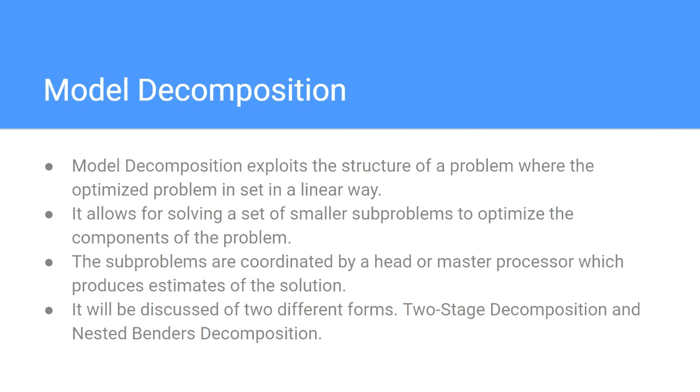The subproblems are coordinated by a head or master processor, which produces estimates of the solution. Two different forms will be discussed, two-stage decomposition and nested Benders decomposition. This is where we start to go into the parallel processing of how these things are computed.